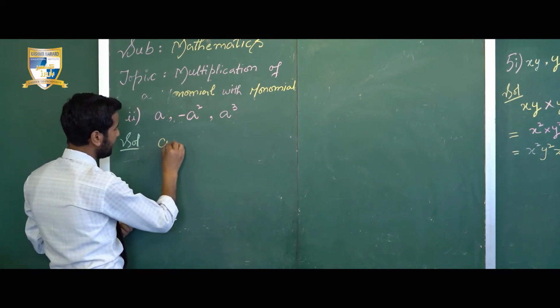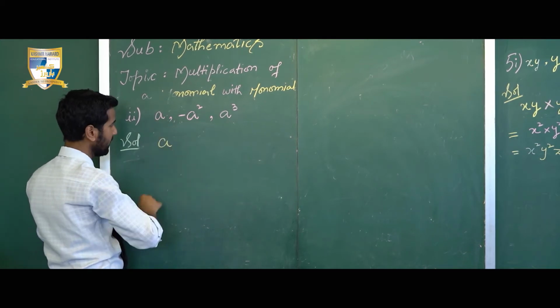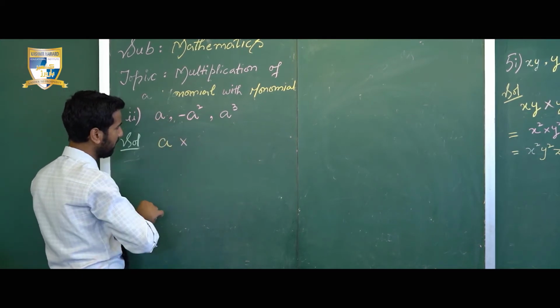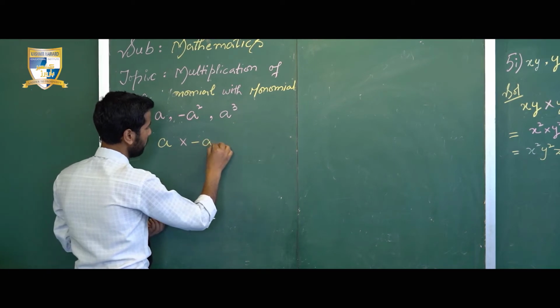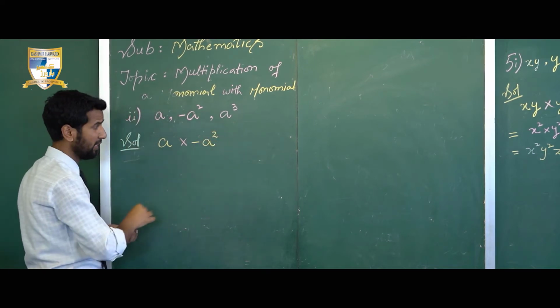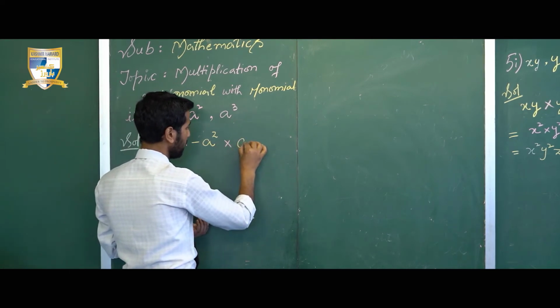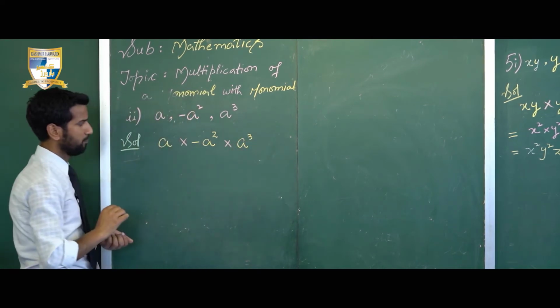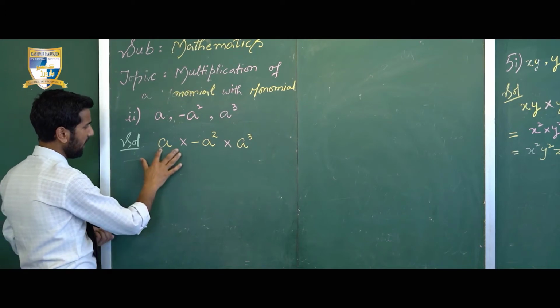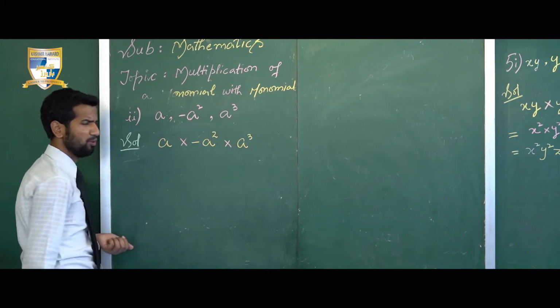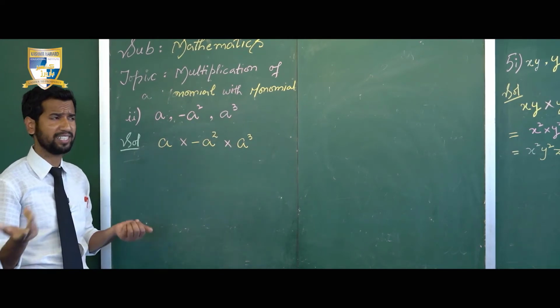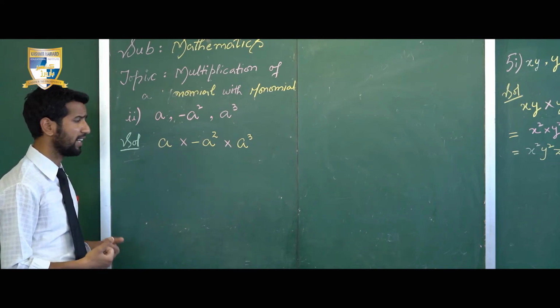So this first monomial a, we are going to multiply it with second monomial, that's minus a square, and we are going to multiply it with a cube. Now a, minus a and a. So let's follow the first law of exponent that states when bases are same, powers will get added.